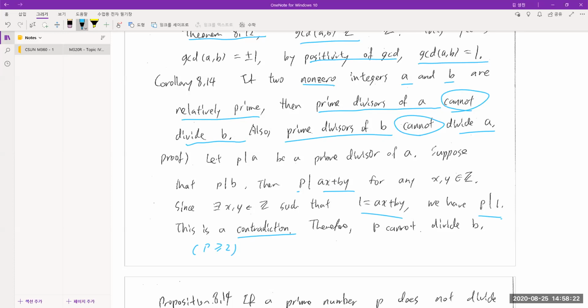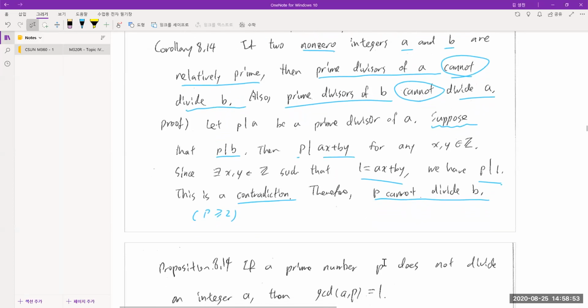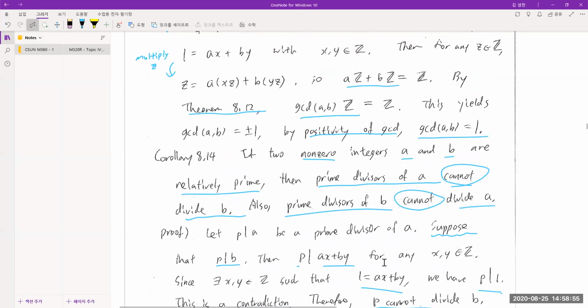So that's a contradiction. So the contradiction began when we supposed P divides B. So that must be an incorrect assumption. So P cannot divide B. So changing the roles of A and B, we obtain the last sentence. Prime divisors of B cannot divide A. Right?